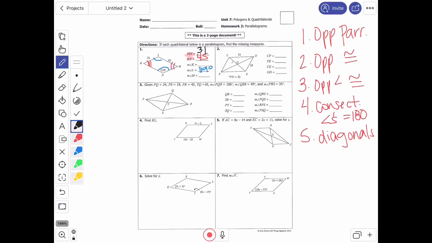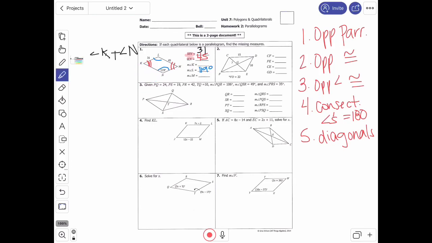But angle K and angle N are consecutive, so they're going to follow this rule, that consecutive angles equal 180. So I have to figure out what plus 119 is going to add up to 180.